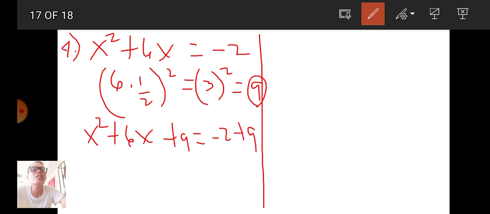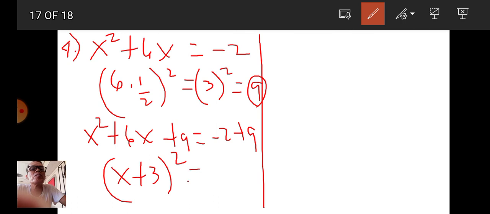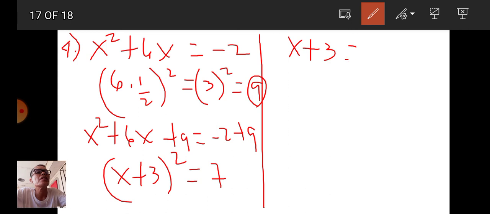So factor out the left side. You will have x plus 3 quantity squared must be equal to 7. Extract the square root. So you will have x plus 3 is equal to plus minus the square root of 7. Then transpose 3 to the other side of the equation.